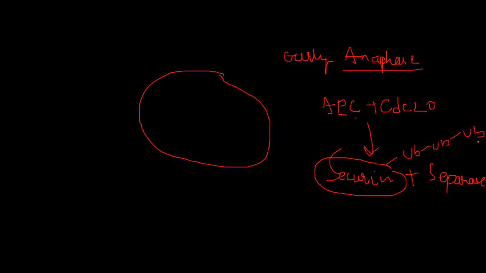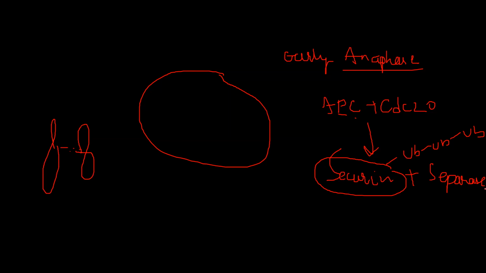See, what is the role of separase here? Sister chromatid, we have seen the sister chromatid. Both sister chromatids are attached, with which particular protein playing a very vital role here? Cohesin or condensin? Cohesin.